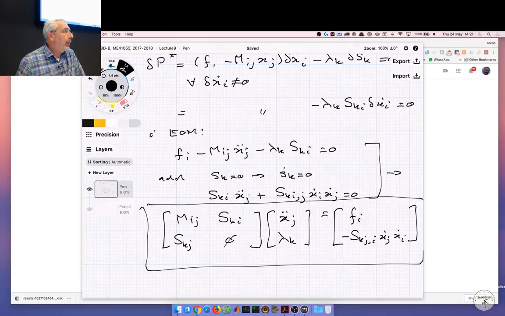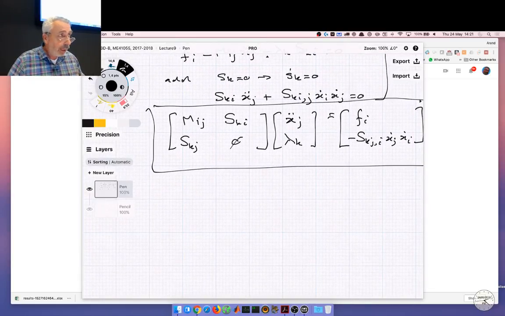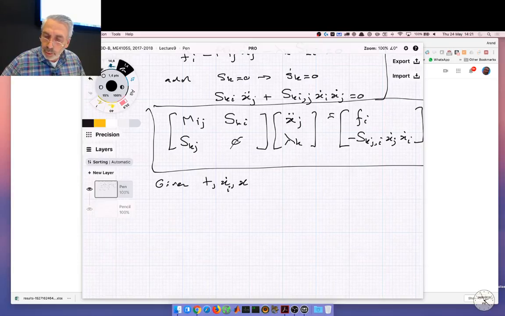And if you look at them, you see no real difference with the holonomic constraint system. The only difference is, of course, that the constraint is on the velocity level. So the next step is, if you now do your numerical integration, and let's assume you only have non-holonomic constraints, you say, given at time t, I know what the speed is and I know what the position is of these.